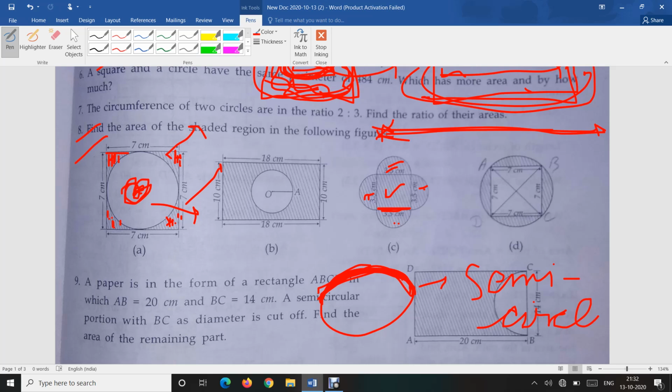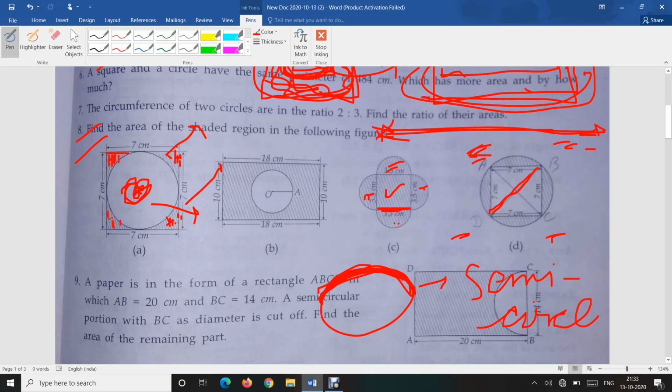For that there is the diagonal. There is one more thing: in your book these names are not given, so I just write them myself. I named the square ABCD.